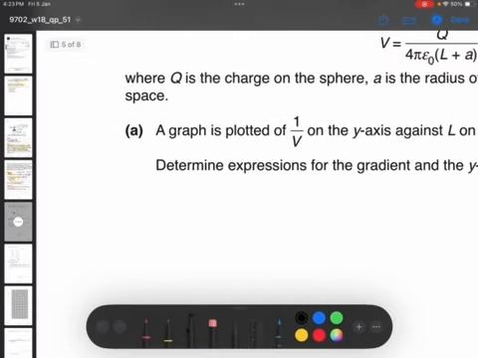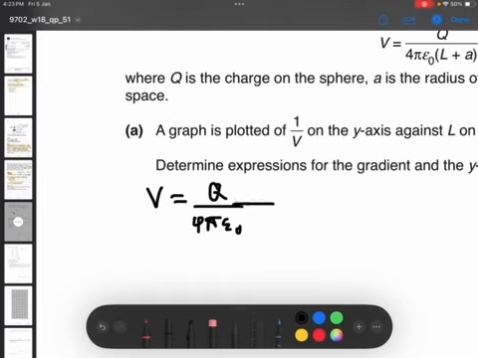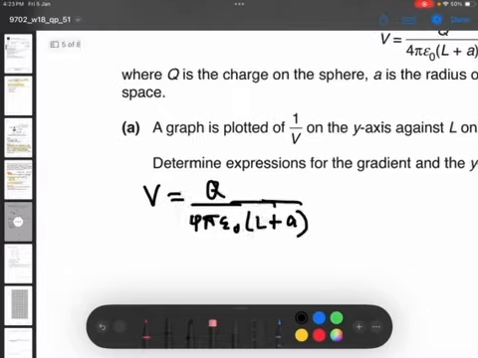We have an expression saying V is equal to Q over 4 pi permittivity of free space times L plus A. So that is the expression that we have.